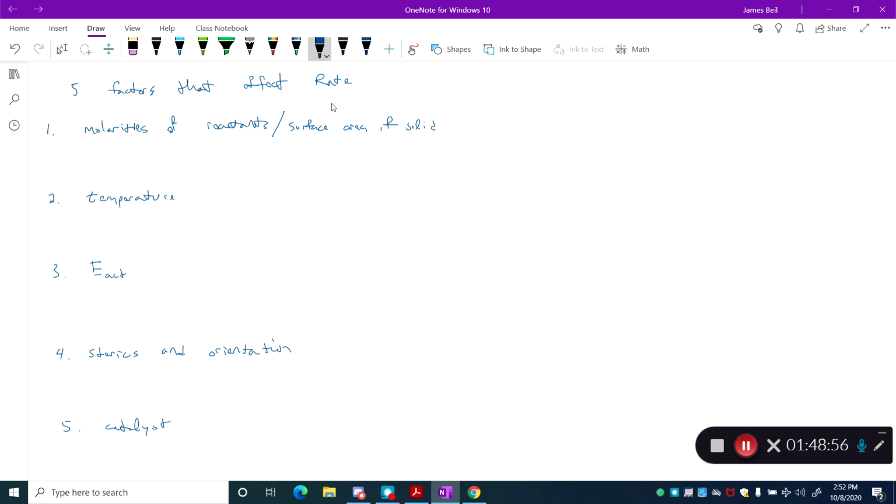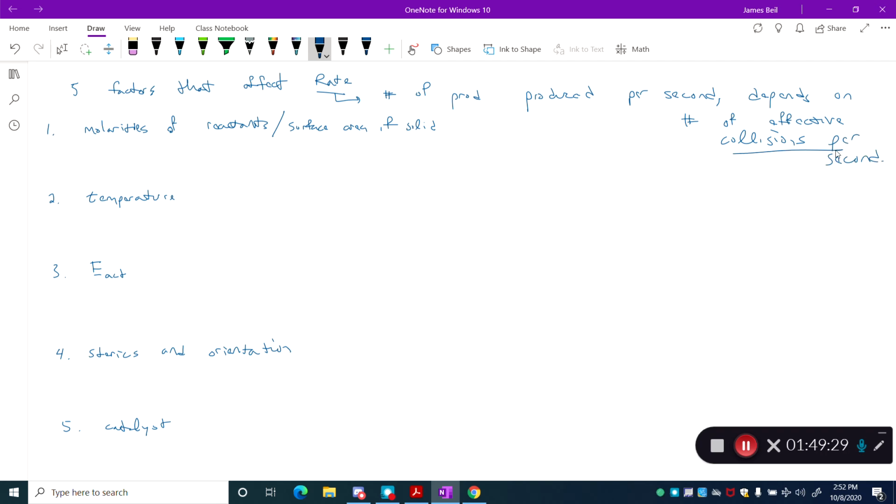If you're thinking about the rate of a reaction, that has to do with the number of products produced per second. And it's really directly affected by the number of effective collisions per second.